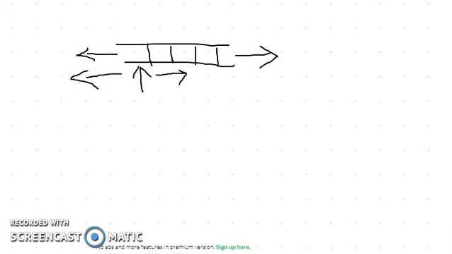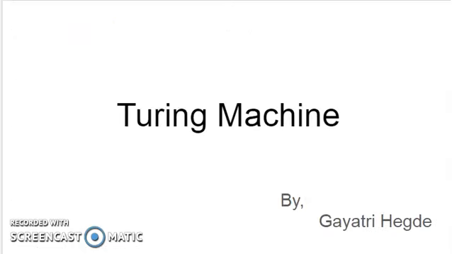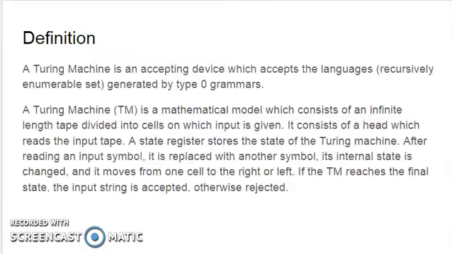Okay, so what is Turing machine? A Turing machine is an accepting device which accepts the languages generated by type 0 grammar. I hope you remember what is type 0 grammar. Do you remember there are 4 types of grammar? Take a minute and recall Chomsky hierarchy, that is types of grammar.